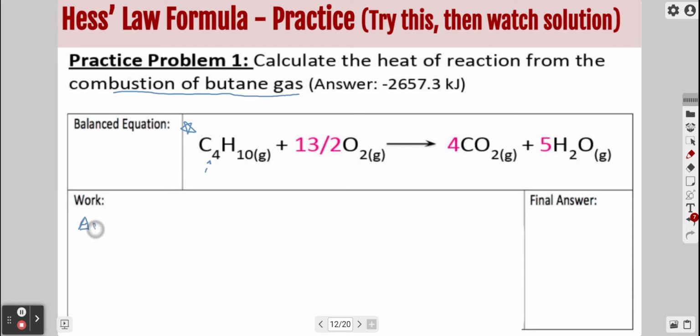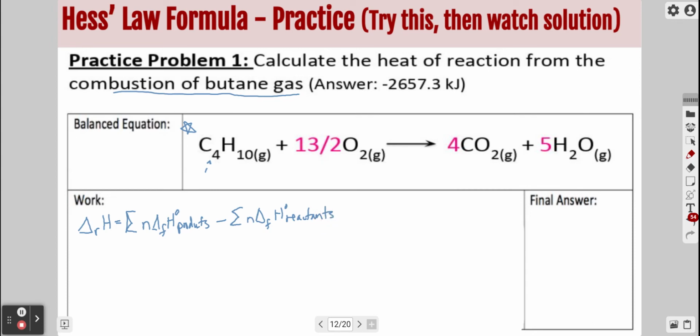So, delta RH is equal to the sum of the moles times the heats of formation of our products minus the sum of the moles times the heats of formation of our reactants.